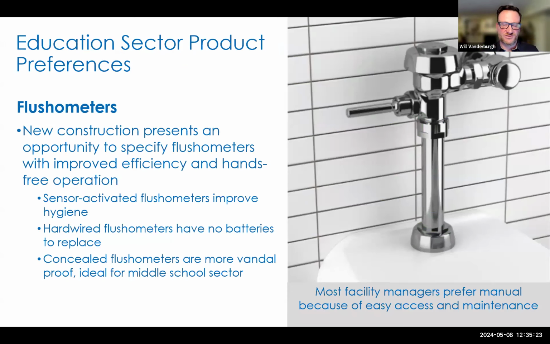Flushometers are typically the go-to design everywhere else because they provide that reliable, consistent activation and flush throughout. They're much more vandal resistant than, say, perhaps a tank toilet would be. In the case of new construction, it's great to go with a sensor activated technology just because it makes the user's experience more hygienic.